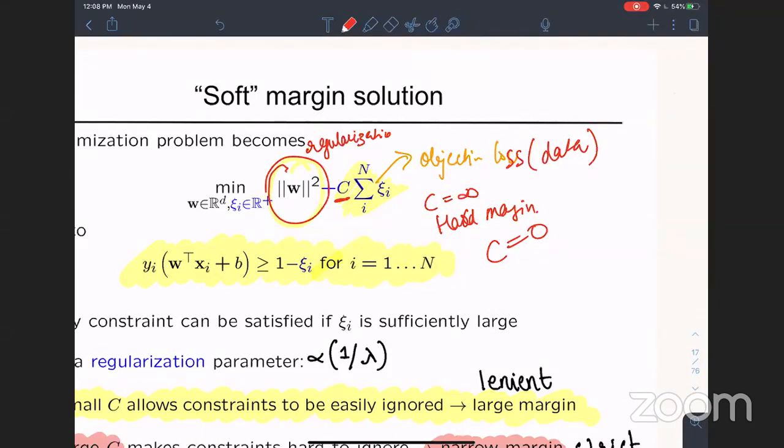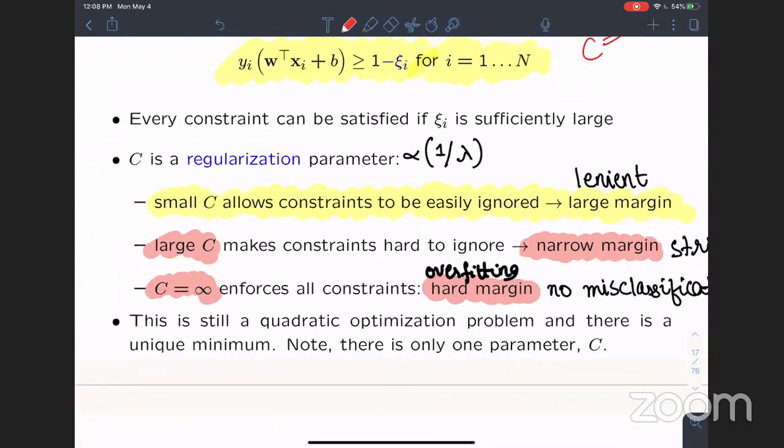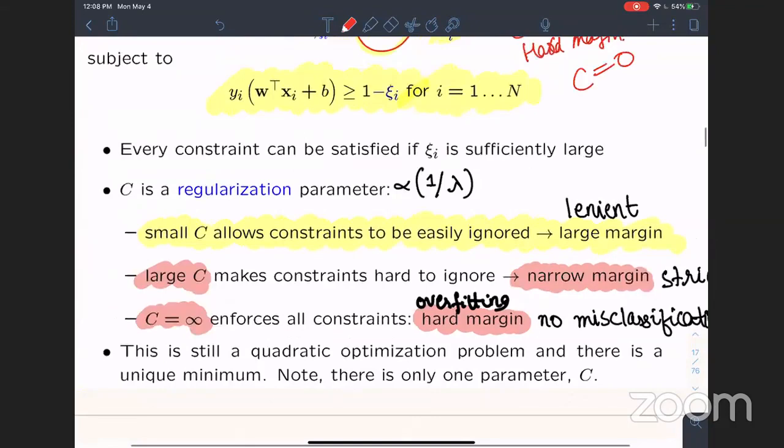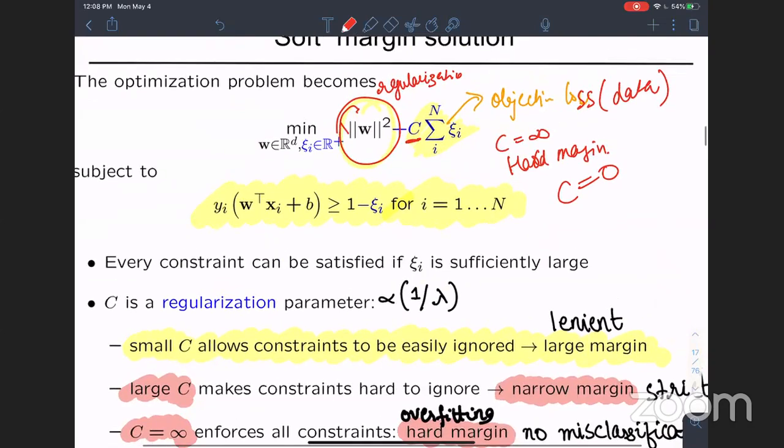Avoid C equal to infinity, which is strict hard margin, because it has poor generalization. Avoid C equal to 0, because that gives a too simplistic model. Even though C is technically a regularization parameter, think of it as 1 upon lambda, where lambda was the weight in the previous discussions we had.